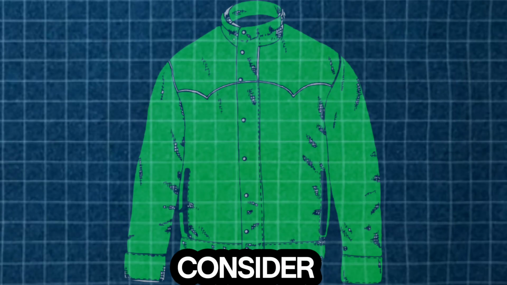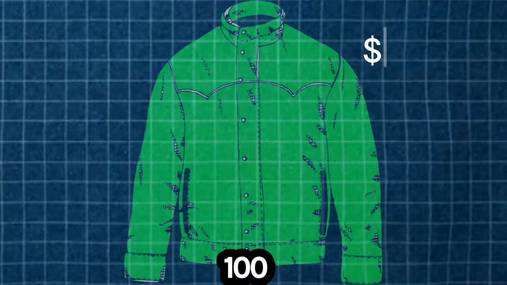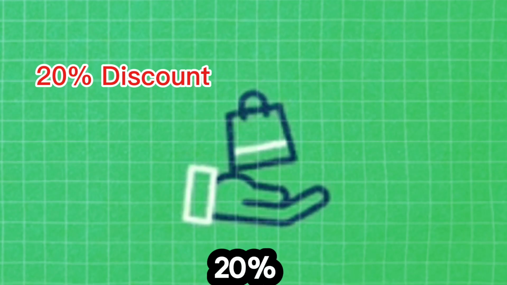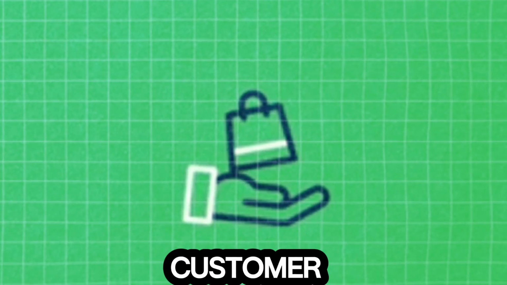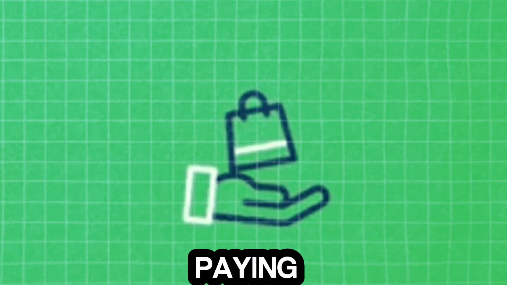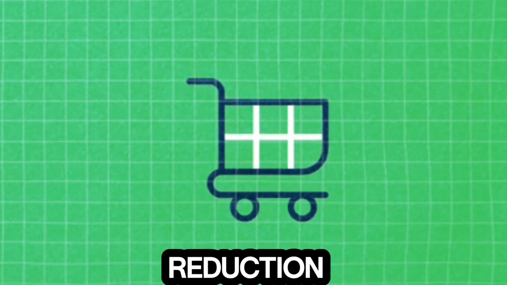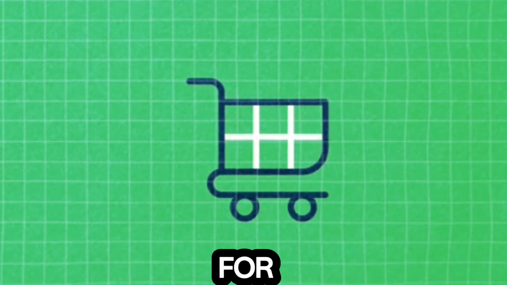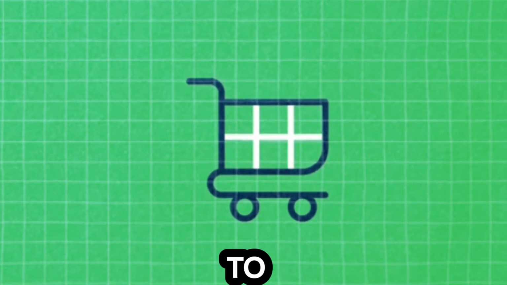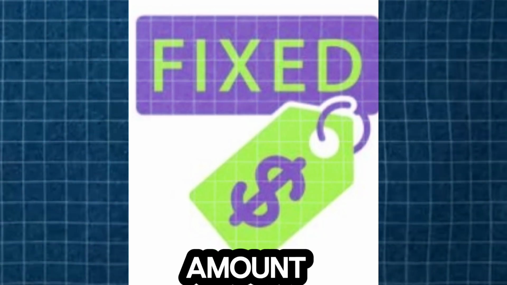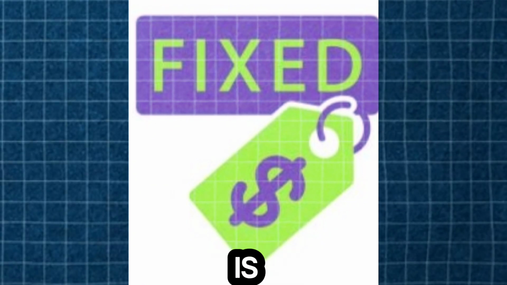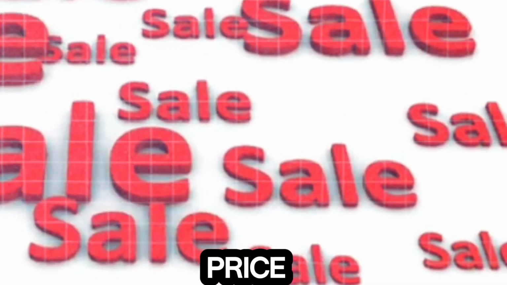For instance, consider a jacket priced at $100. If a store offers a 20% discount, the customer saves $20, paying only $80. This straightforward reduction appeals to buyers looking for immediate savings. Another form is the fixed amount discount, where a specific dollar amount is deducted from the original price.